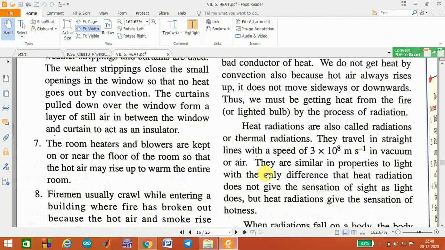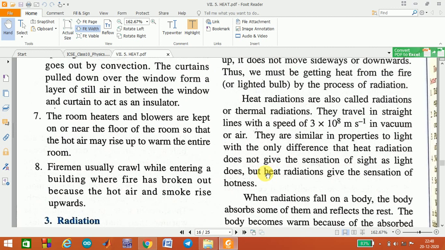That's why we use ACs at the top part of our room and heaters at the lower part of the room. Firemen usually crawl while entering a building where a fire has broken out.